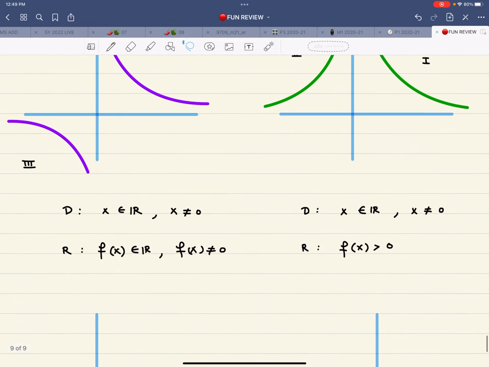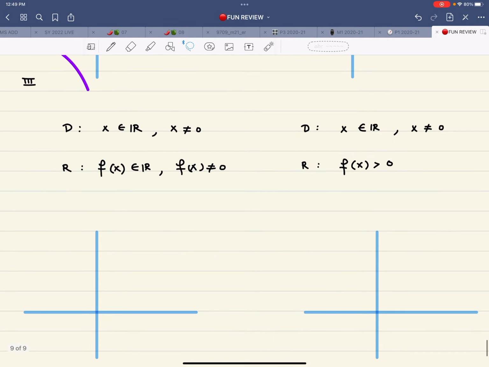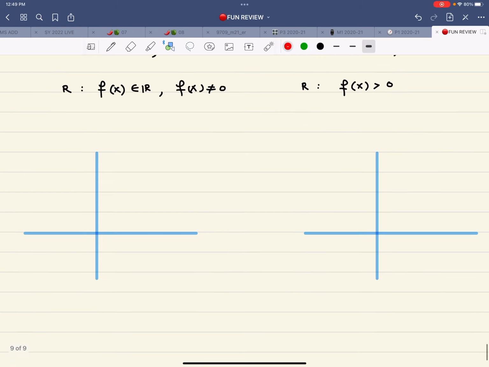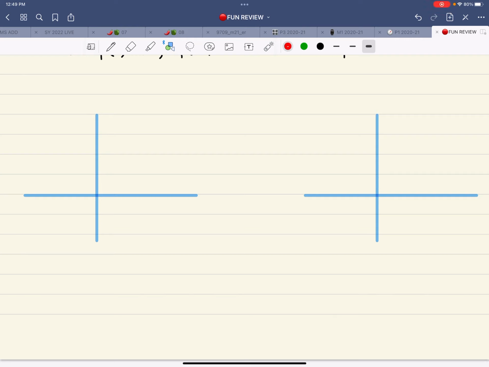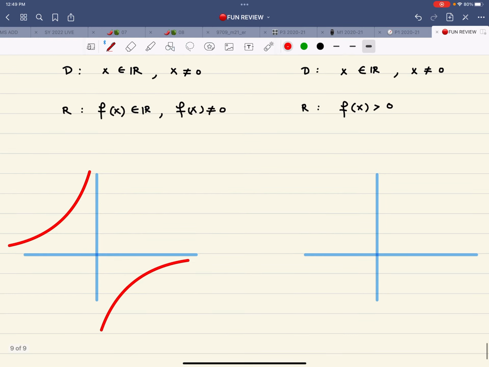So if I apply a negative sign, the purple one, let me denote it by red. The first quadrant becomes the fourth and the third becomes the second. This is the graph of f(x) equals negative k over x squared.